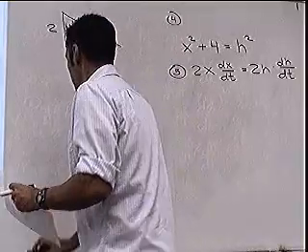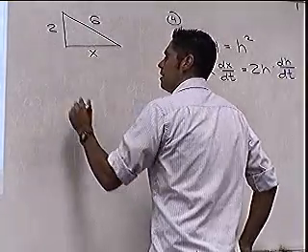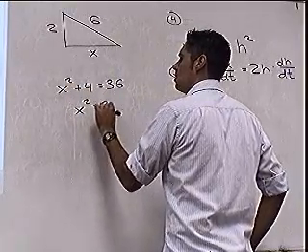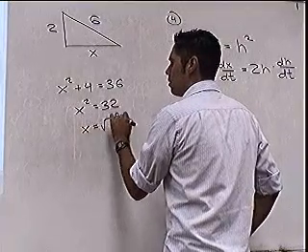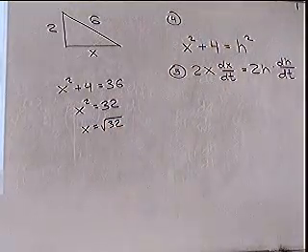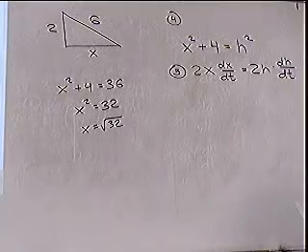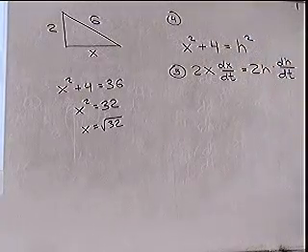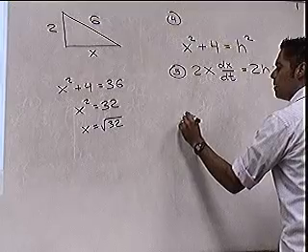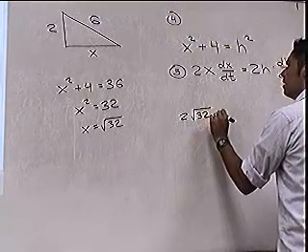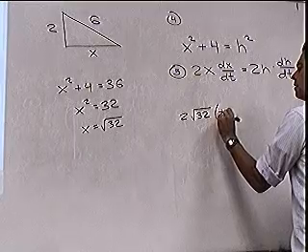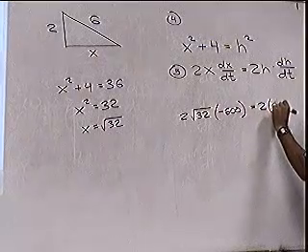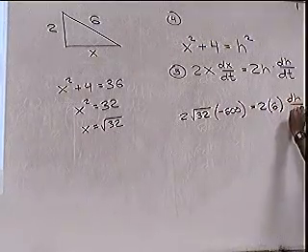So I'll come back to this picture. I'm just going to replace this with x right here. And so I have x squared plus 4 equals 36. So that means x squared equals 32, and that means x is equal to root 32. A squared plus b squared is c squared. So my equation should be 2 root 32, dx dt was negative 600, equals 2 times h was 6, dh dt.